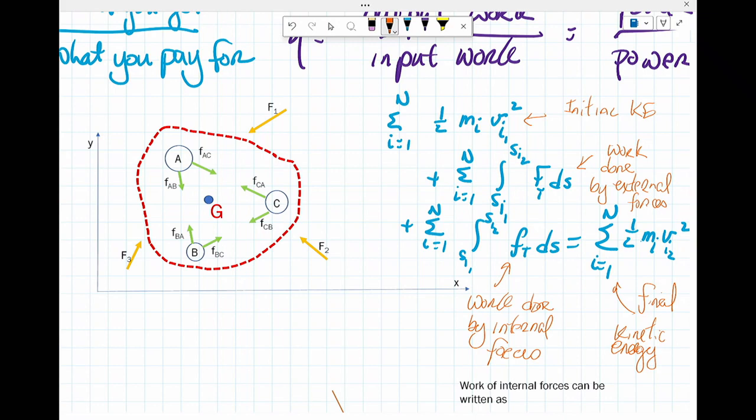So if I sum over all particles that I have, I can say they have an initial kinetic energy. I perform work on those particles, and in the process of performing work, I have to separate them between the internal and the external forces, and then I get the final kinetic energy.